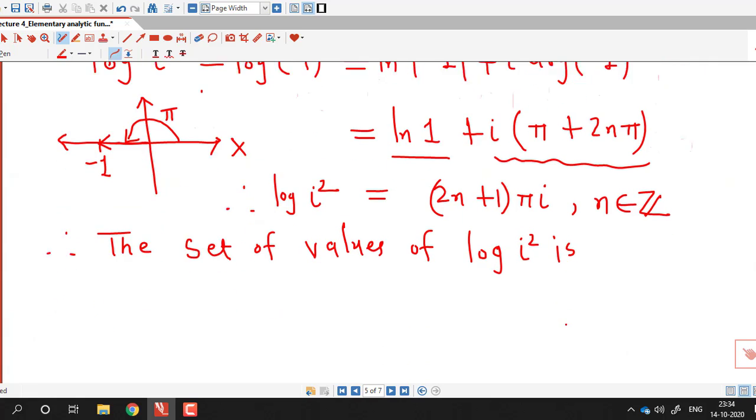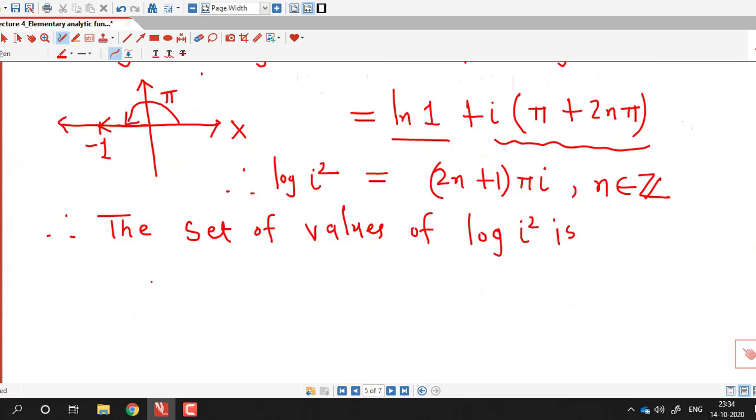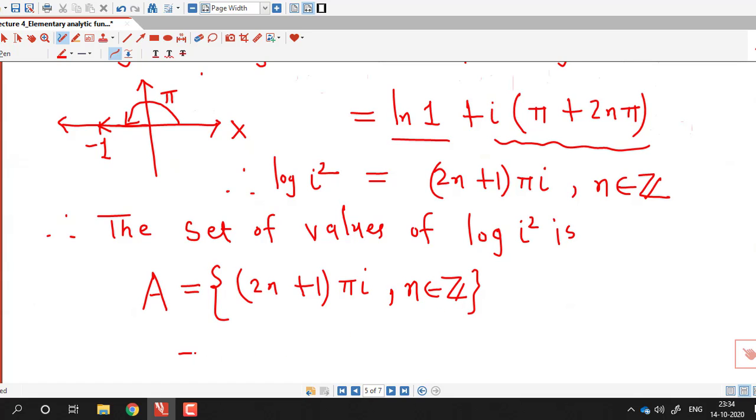So therefore the set of values of log I square, suppose the set is denoted by capital A, is (2n plus 1) pi I, n is any integer. So we can write some of the values.